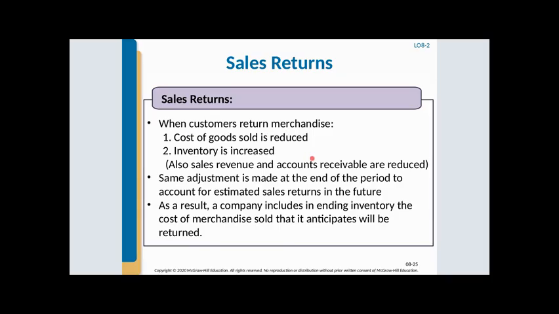Now, sales returns, we took a look at that last chapter. If you remember, we had that refund liability, right? And then we had a debit to sales returns and a credit to the refund liability, or a debit to sales returns and a credit to accounts receivable. And then the second part was the decrease of cost of goods sold and the debit to inventory.